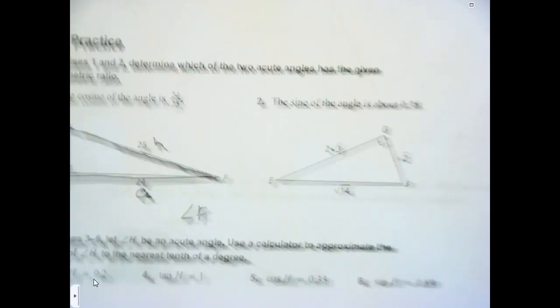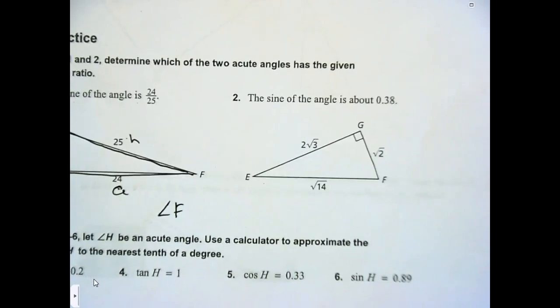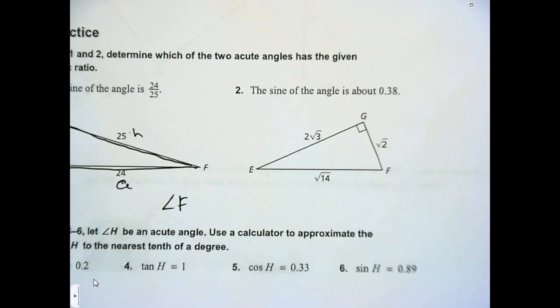Let's try the next one. The sine of the angle is about 38/100. Okay. Go ahead and figure it out there. All right, how many say angle E? Angle F? How'd you figure it out there, Carson?